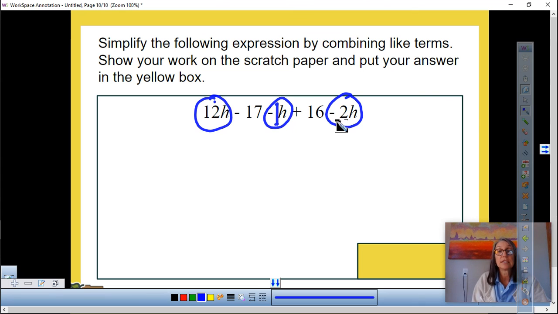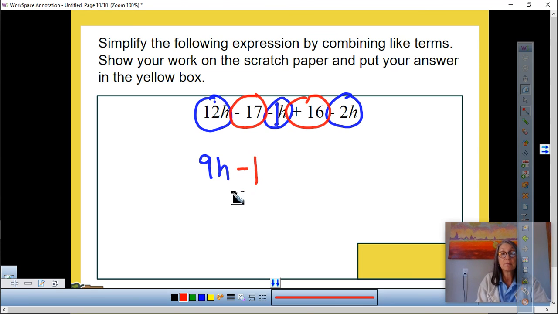Minus 2 gives us 9h. I'm going to double check my math here. Yes, that's 9h. And negative 17 and positive 16 gives us negative 1. I'm done. I may not combine these. They are not like terms.